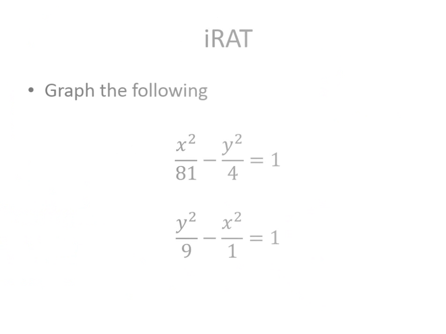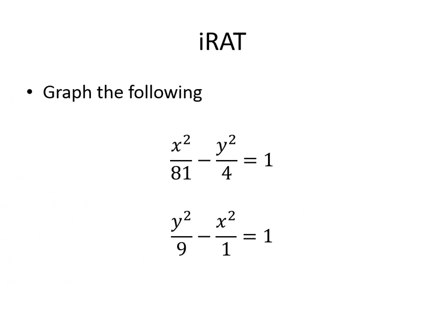All right, your IRAT. What you're going to do for your IRAT is just going to be the graphing of these. So just graph these two. Sketch the graph. Make sure they're opened up correctly. So whichever one comes first, that's the direction in which it's opening. Make sure your graphs are to scale.